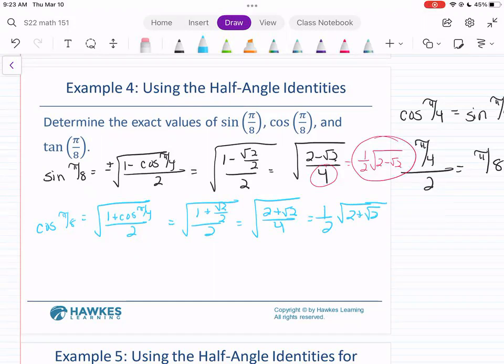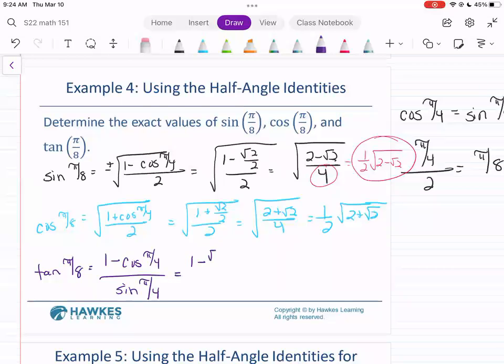And last but not least, the tangent of pi over 8 is equal to 1 minus the cosine of pi over 4, over the sine of pi over 4. So we get 1 minus the square root of 2 over 2, over the square root of 2 over 2.